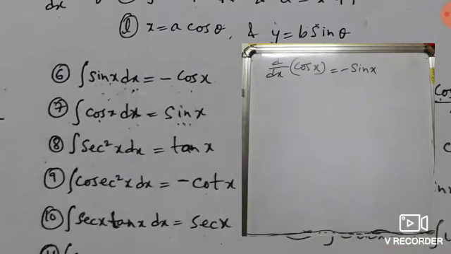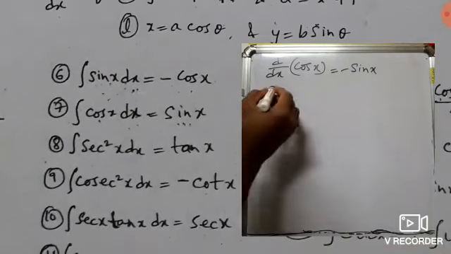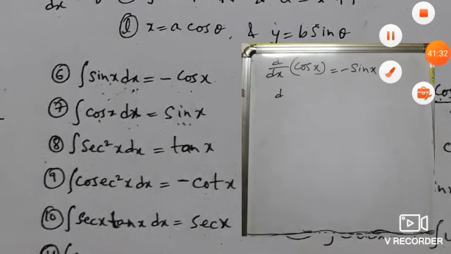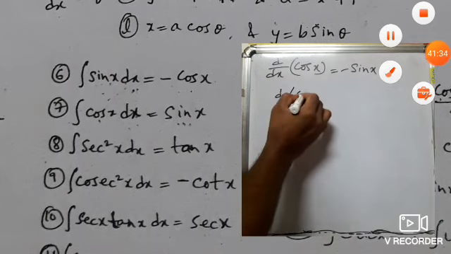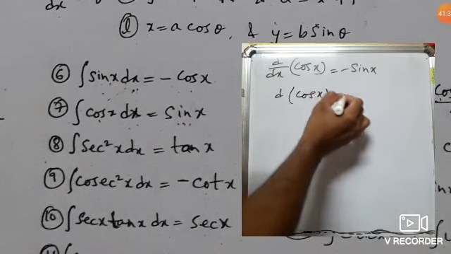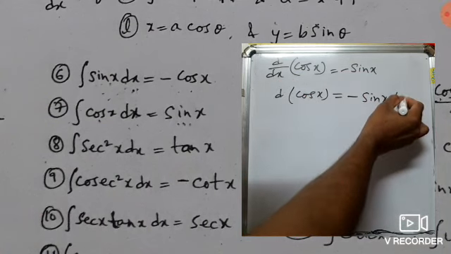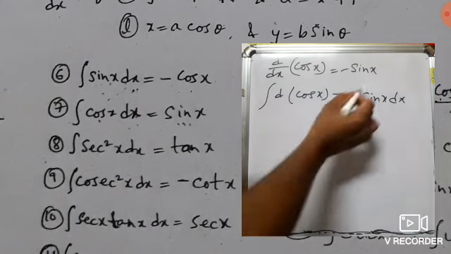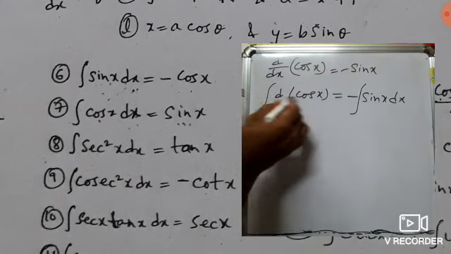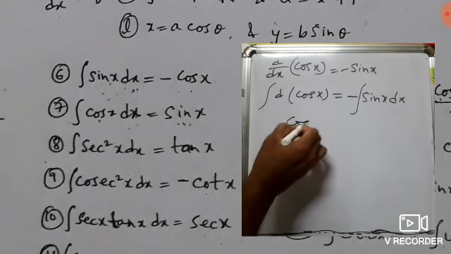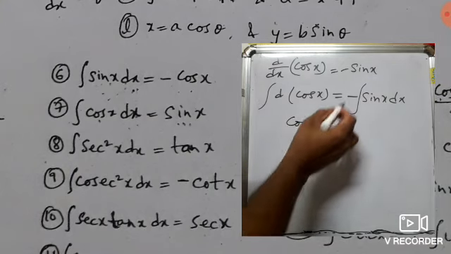How is it possible? See, if we write d of cos x is equal to, if you put dx here, minus sin x dx, integrating both sides, d and integration cancel and it will be cos x.